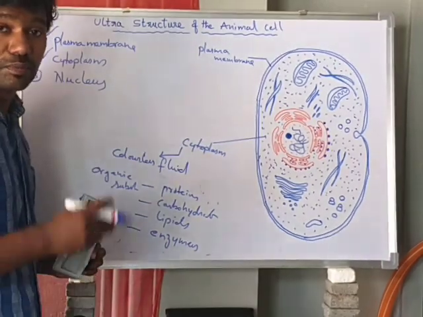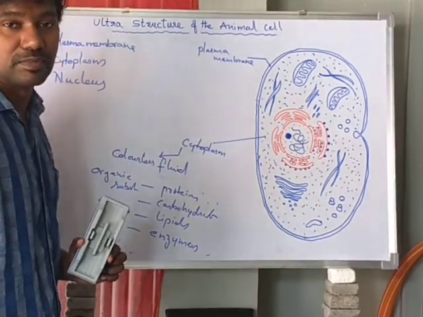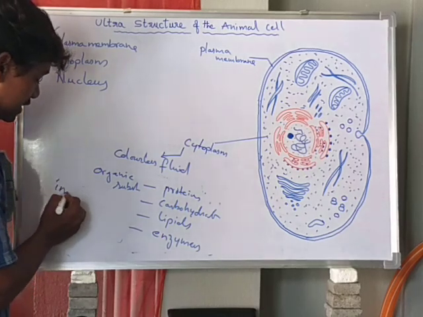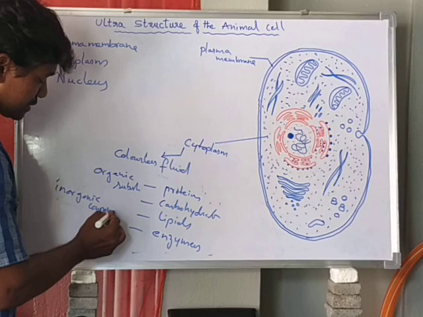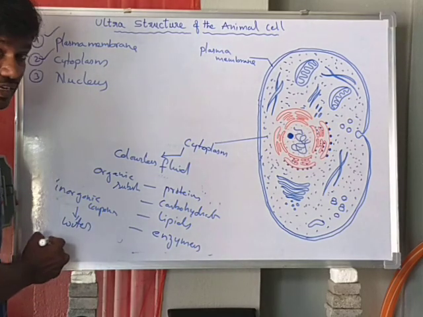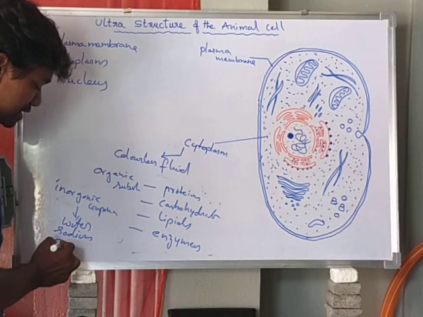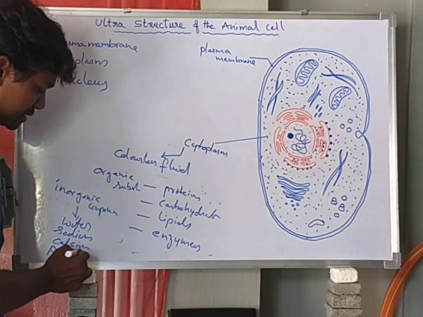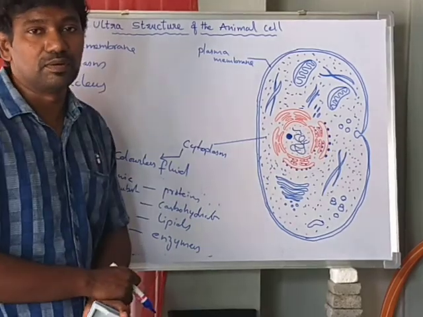These are the organic molecules present in the cytoplasm. It also contains inorganic components, that is water and salts of sodium, calcium, and potassium.